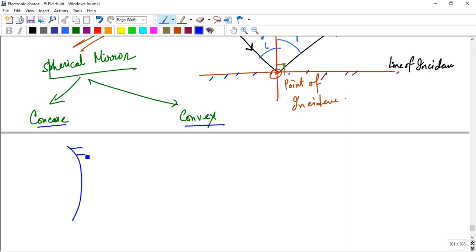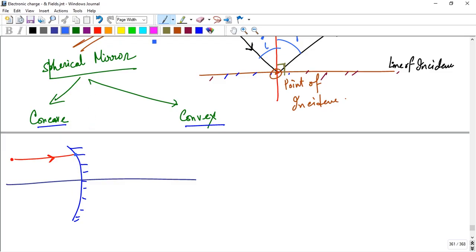This is the rough surface here, and the polished, shiny surface is on the left side, and this is the principal axis. When a source sends light towards the concave mirror, this ray is called the incident ray, and that point is called the point of incidence.